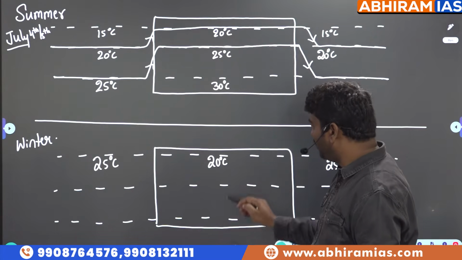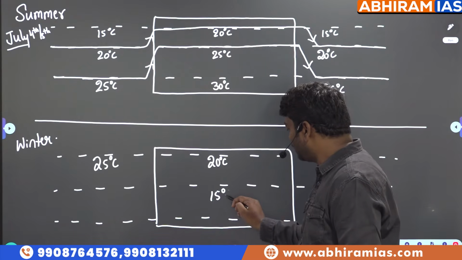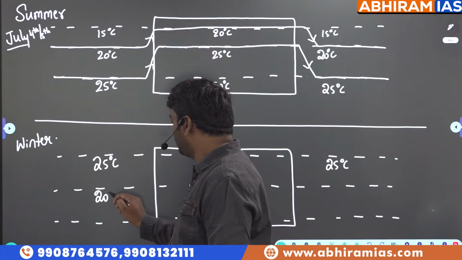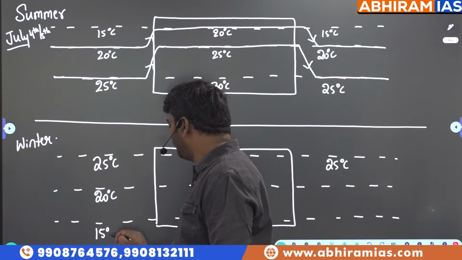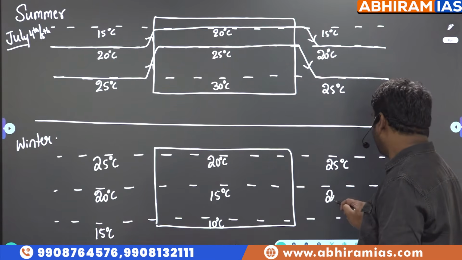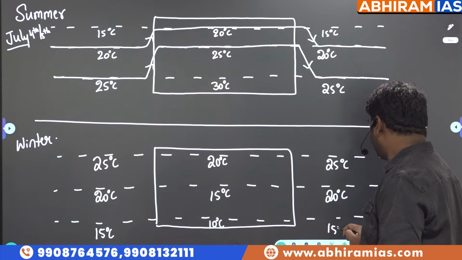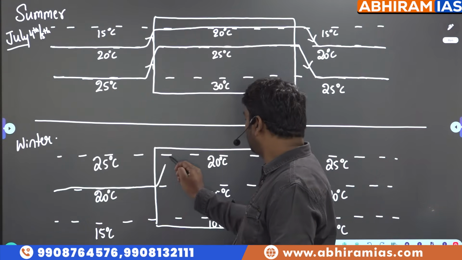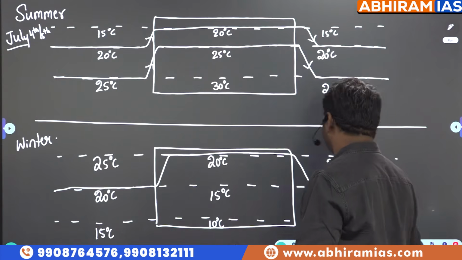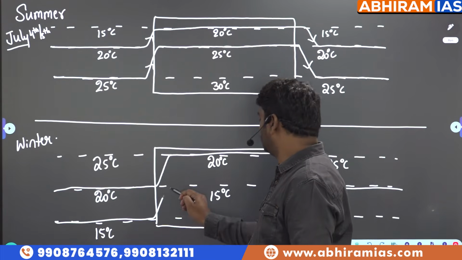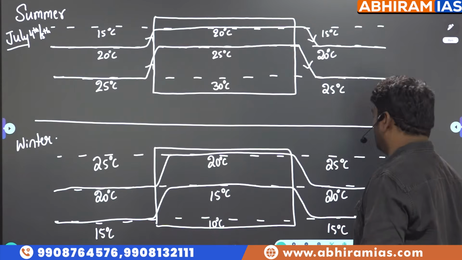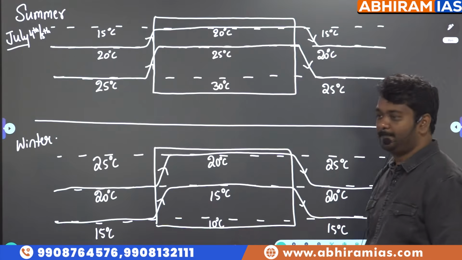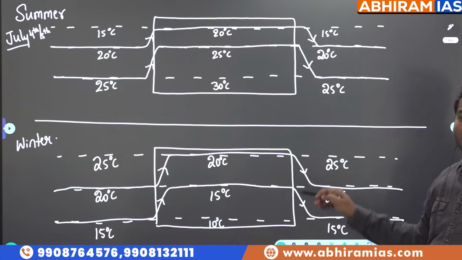As I go from equator to pole, what is happening? 10 degree, 25, 20, 15 degree, 25, 20, 15 degree. Now, please see here, 20, both the hemispheres.